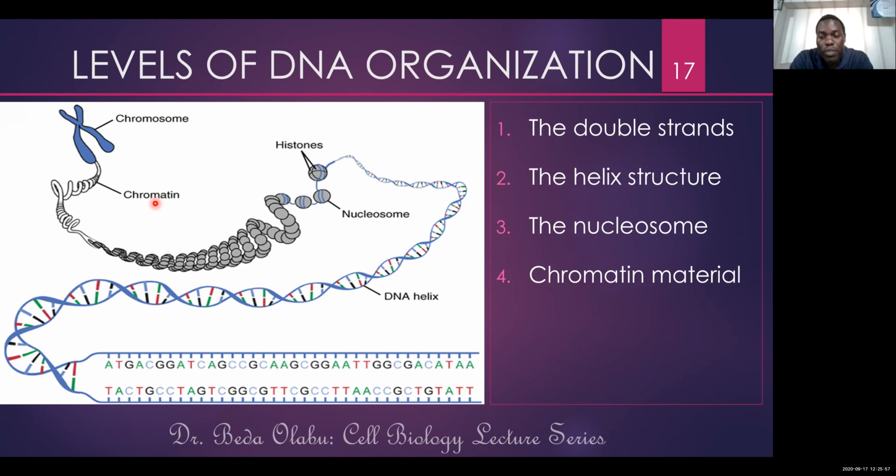Now, most of the time, the story will end there. However, if a cell needs to divide, we will see other forms of organization of the DNA that we do not necessarily see if there is no cell division.